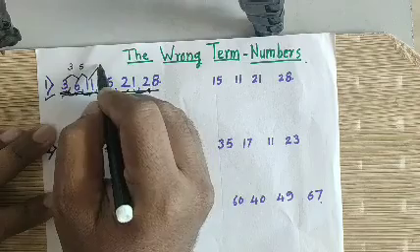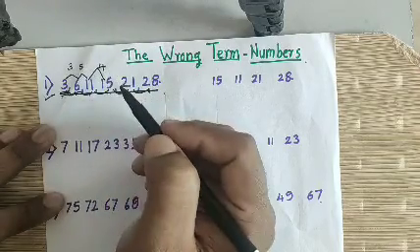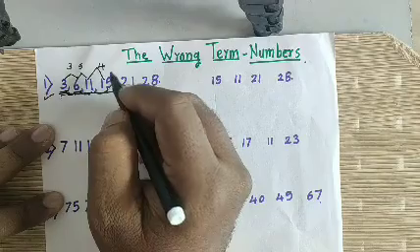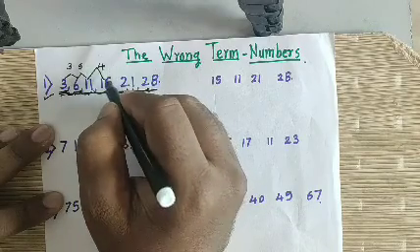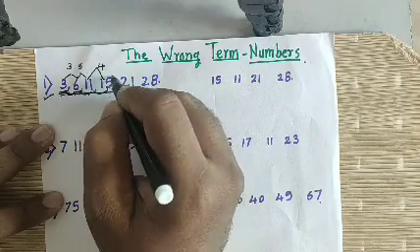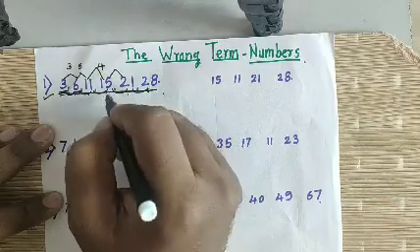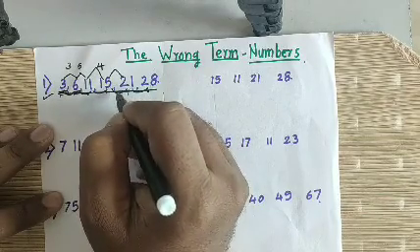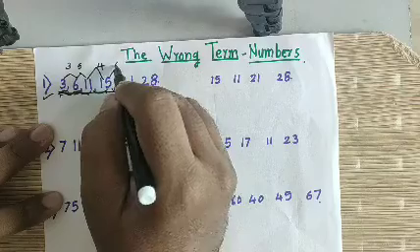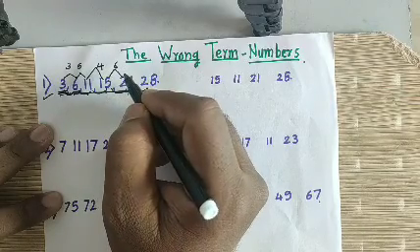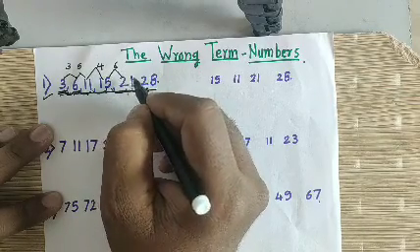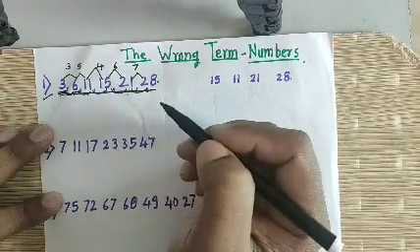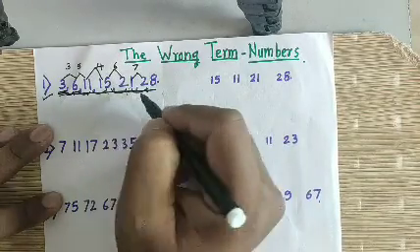Then there is a difference of 4. Then the difference between the fourth term and fifth term is 6. And then the difference is 7.